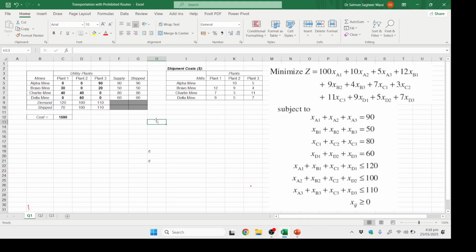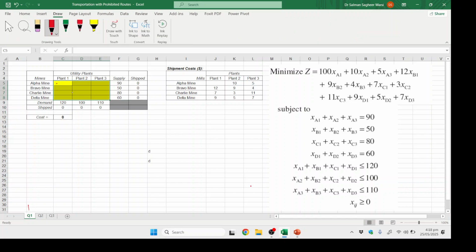Okay, now I have already formulated a sheet here, and as discussed in my previous videos, these are the empty cells, and these cells represent the quantities.